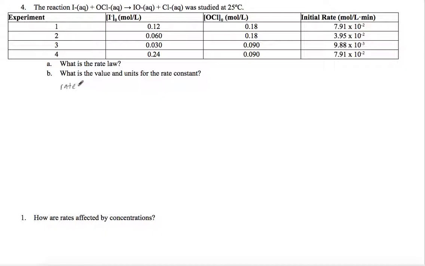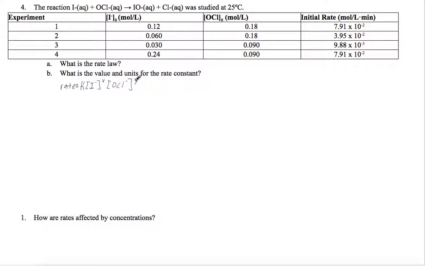Rate is equal to, we have the iodine raised to the x, and we have the COCl raised to the y. I forgot the k. So there is the rate law.